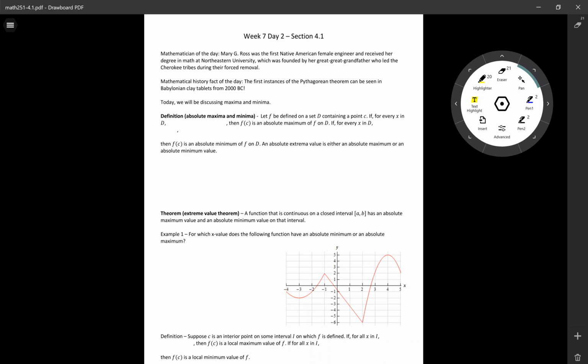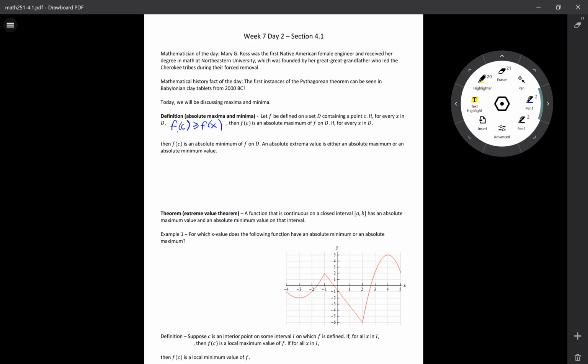Let f be defined on a set or an interval D containing a point C. If for every x in D we have that f of C is greater than or equal to f of x, then we say that f of C is an absolute maximum of f on this interval.